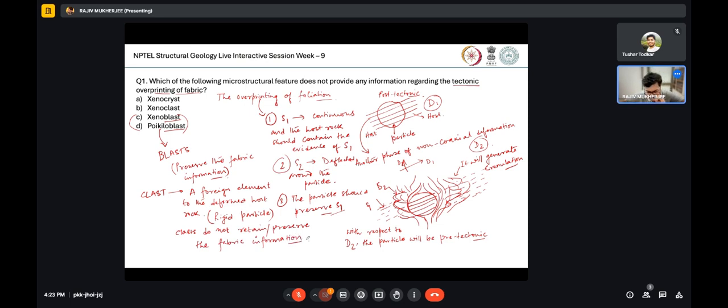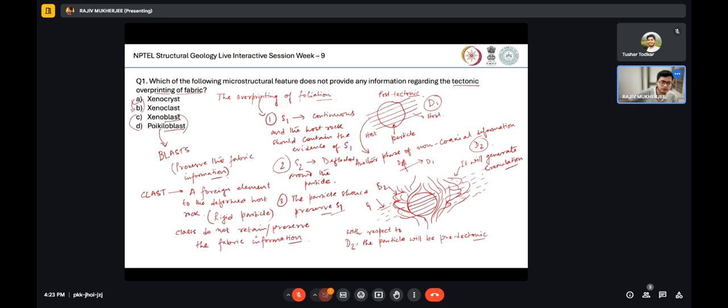Right? So in that sense, anything which is a clast is most likely to have no signatures of the initial deformation. Therefore, it is much more difficult to determine whether there exists any sort of overprinting relation. So we have multiple correct options.